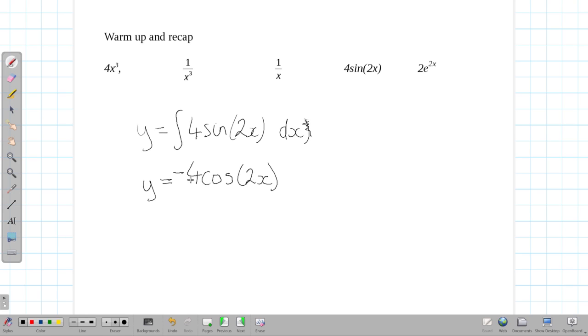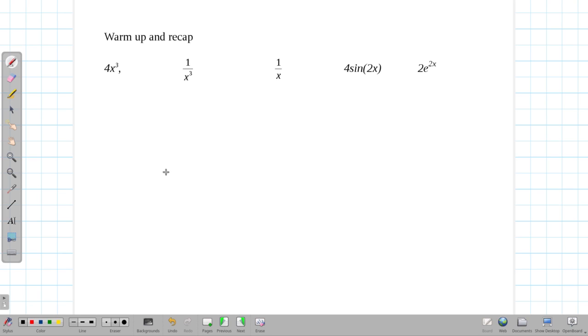Normally the 2 would come out to the front and multiply into the front, but because we're doing the opposites, it's a divide. And don't forget your constant, and if we simplify that, we've got minus 2 cosine 2x plus c. Okay, one more and then we'll get on with some more tricky ones.